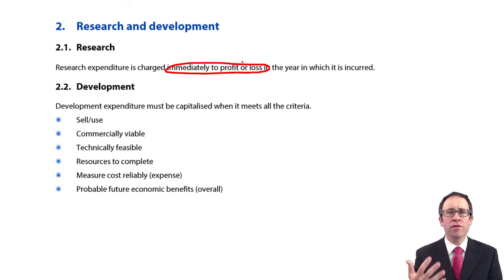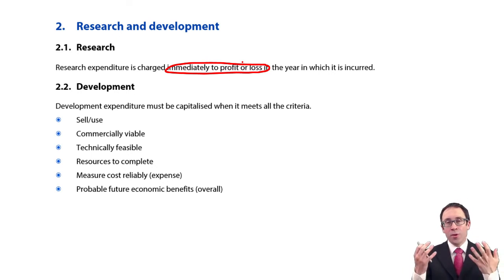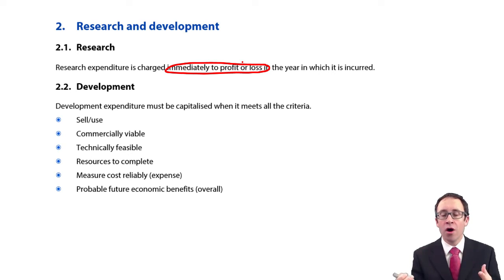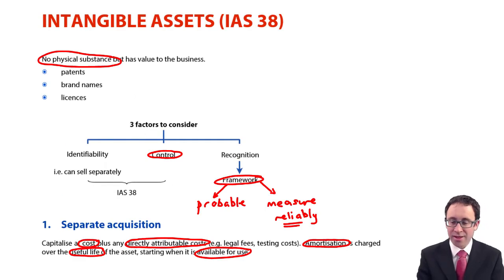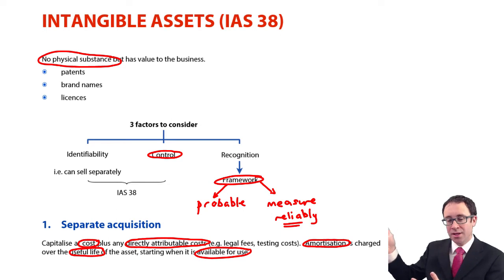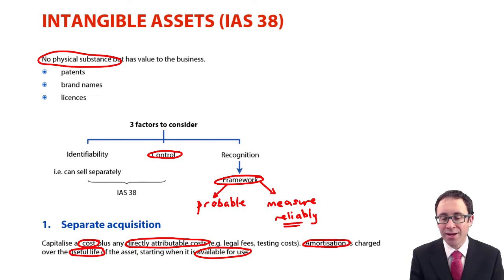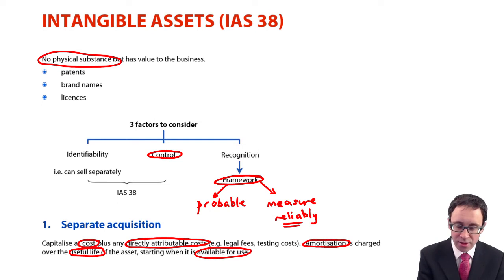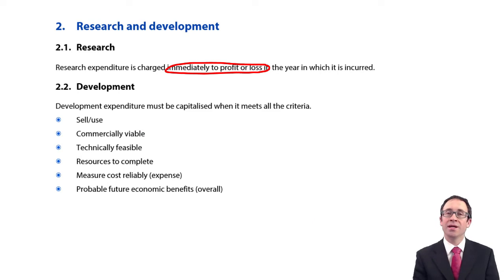And if it's too far removed, are we going to get probable future economic benefits? We don't know. So if there are no probable future economic benefits, it falls down in terms of the recognition criteria of IAS 38 and your intangible assets.